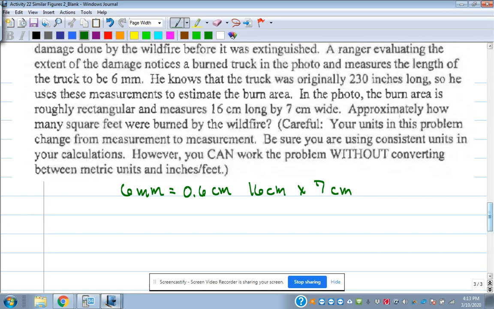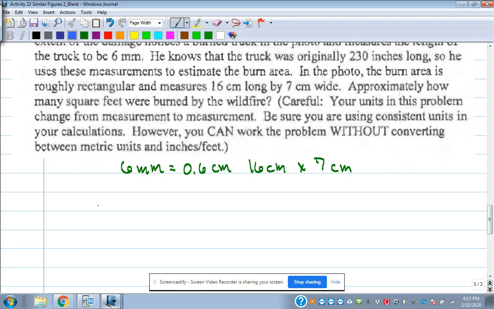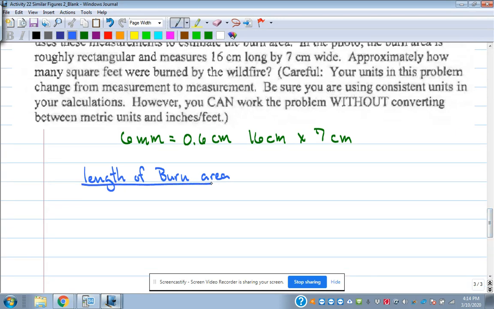Okay. So when we set up our proportion for the length of the burn area, I'm writing out what we're doing there. Length of the burn area, I'm on 0.6 over 230 inches. How long was the burn area in the picture? 16 centimeters.